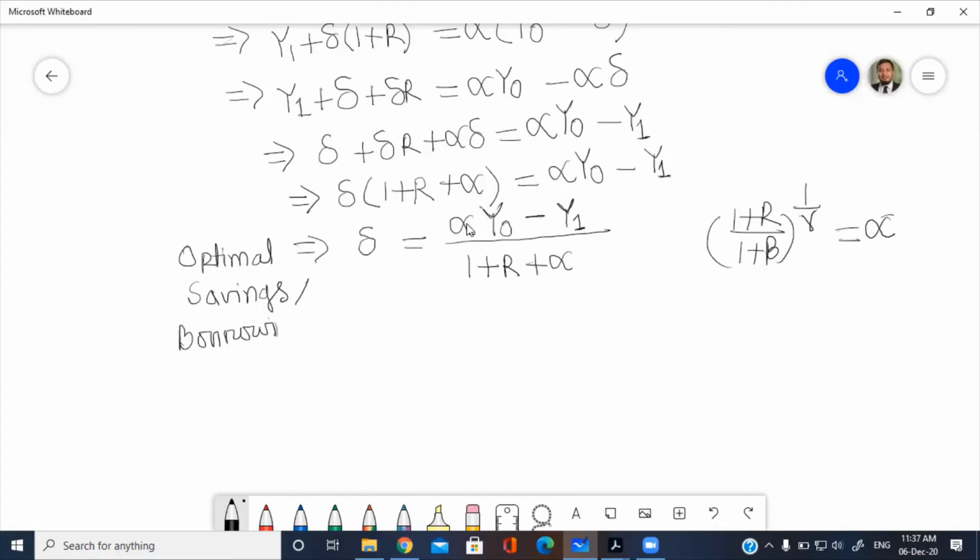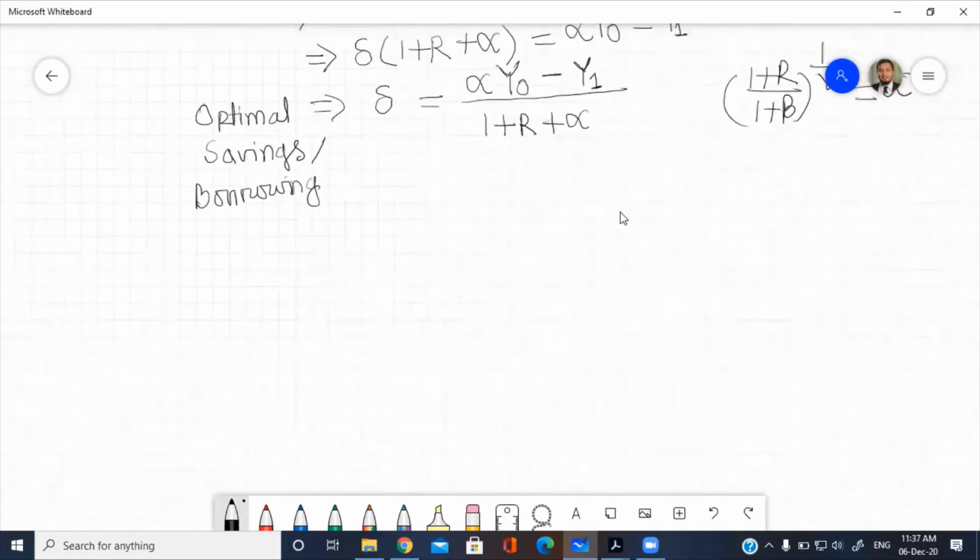Why is it optimal? Because we have come up with this derivation from the first order condition, and from the first order condition you get the optimal amount, right? From your calculus class you have learned it very well. It's just kind of application.